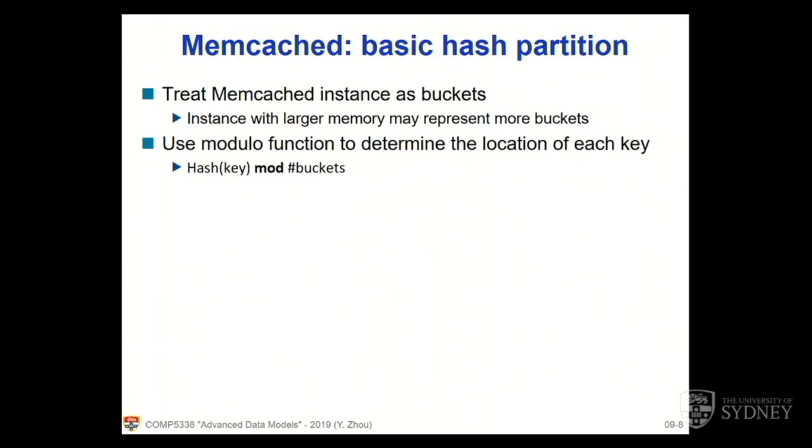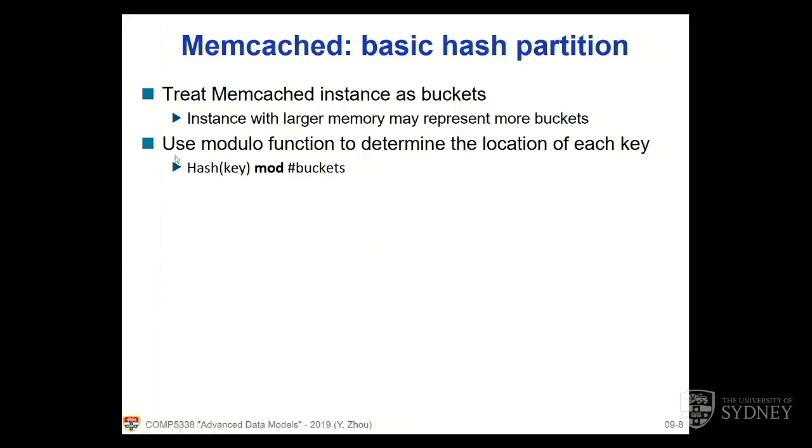What we do is treat each memcached instance as a bucket, and an instance with larger memory may represent more buckets. One instance may have one bucket, and others may have 2 buckets. Then we use a modulo function to determine the location of each key.